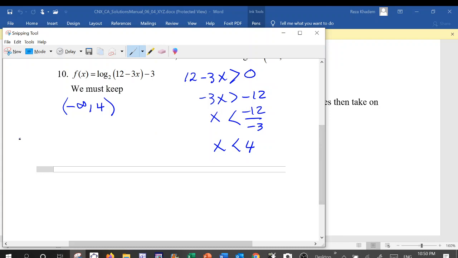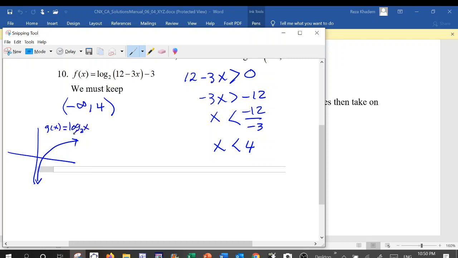Again, if you were to transform this graph, this is log base 2 of x, right? Since this is f of x, let's call this g of x, log base 2 of x.